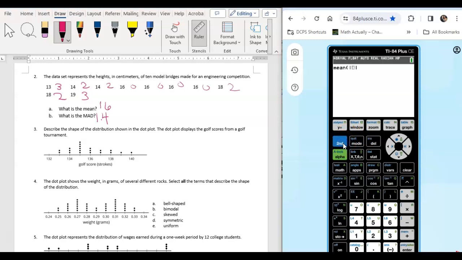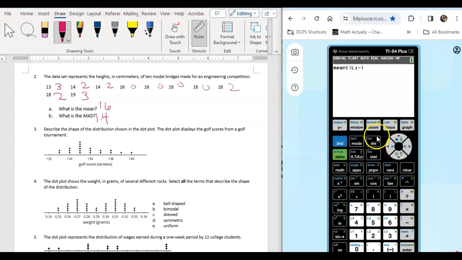second, list 1, minus, second. So this is going to be each item in list 1 minus, so I'm going to do second list calc, or sorry, nope, sorry.